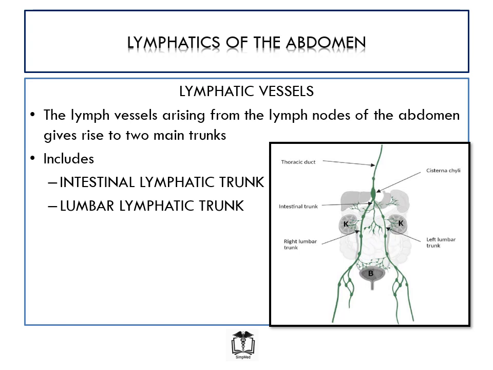The first will be the intestinal lymphatic trunk. So the intestinal lymphatic trunk is known for draining the pre-aortic lymph nodes. So lymph that tends to come from the celiac nodes, superior mesenteric nodes, and inferior mesenteric nodes. So just quickly bring this into perspective.